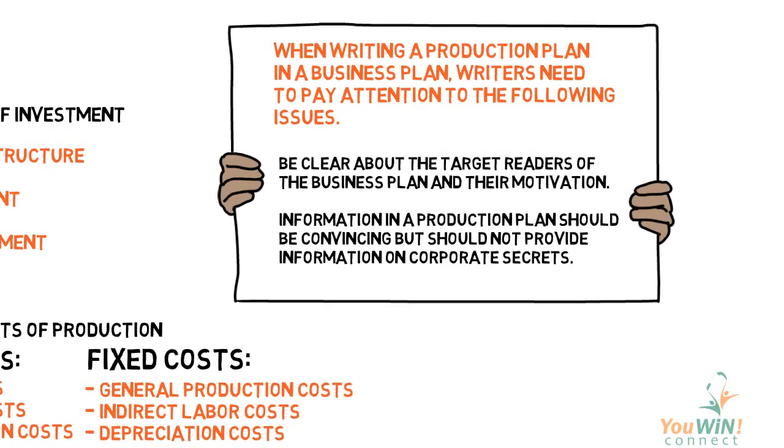Now, if their motivation is simply for investment evaluation, you want to be careful about the kind of information that you put in the production plan. If the motivation is that of working with you to either expand or make the production better, then you might need to give a little bit more detail than if it's just for an investment evaluation.